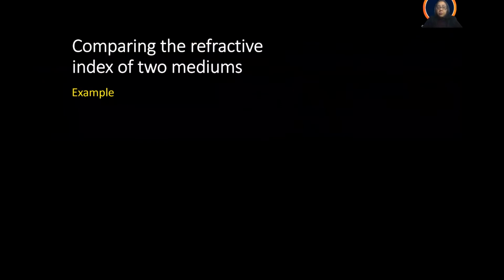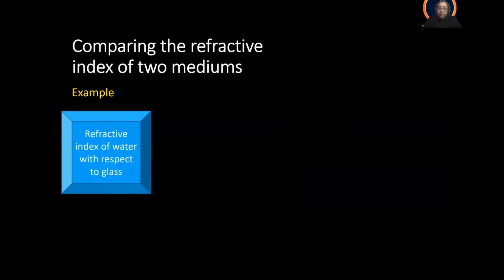Okay. Now, let's compare the refractive index of two mediums. For example, the refractive index of water with respect to glass. Now, what does it mean? Whenever we are comparing, that means we are finding out a ratio, right? So water with respect to glass, we can write as NWG. W for water, G for glass.